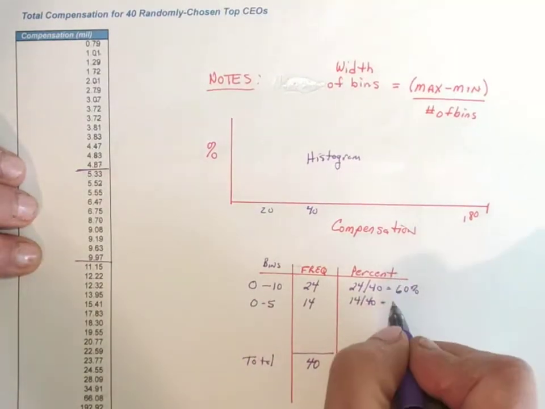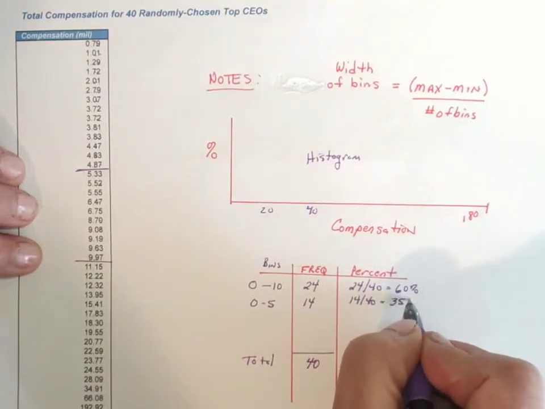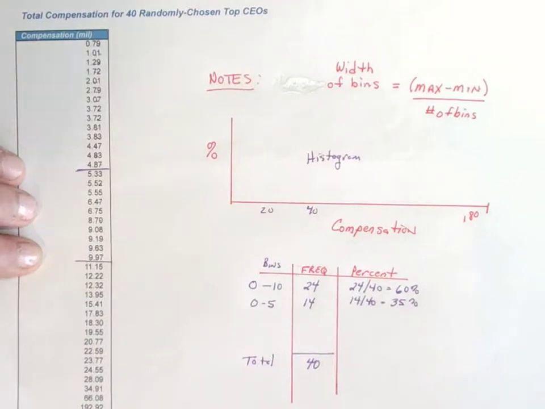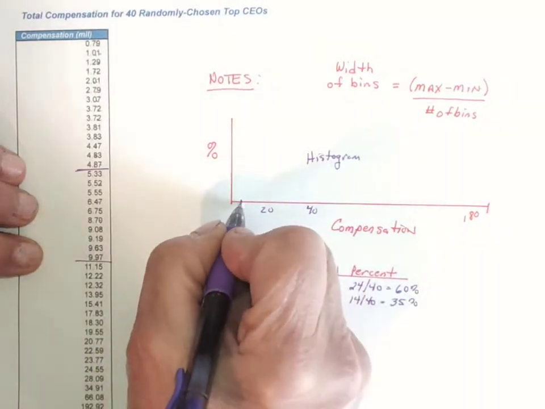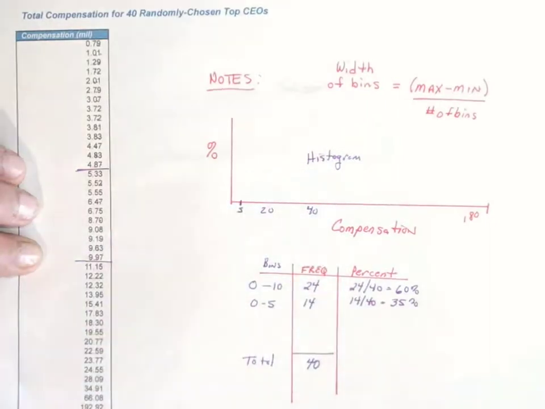Okay, and that gives us 35%. So in this first grouping, it's going to go to 5.